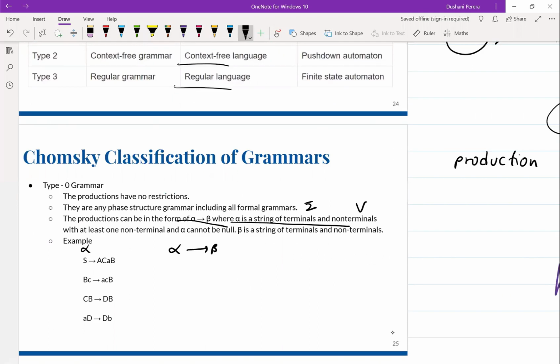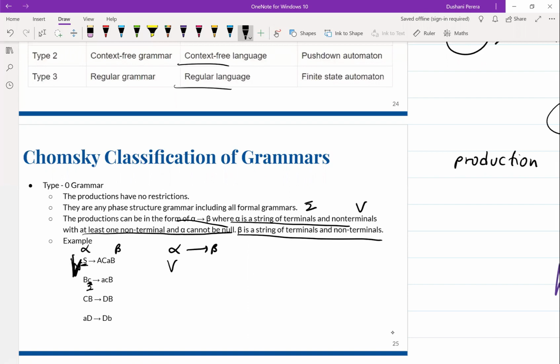These are terminals, and these are non-terminals V's. And then with at least one non-terminal, meaning there should be at least one non-terminal on that side, meaning there should be at least one V. And beta is a string of terminals and non-terminals, and there are no rules saying that there should be at least one of this or that.